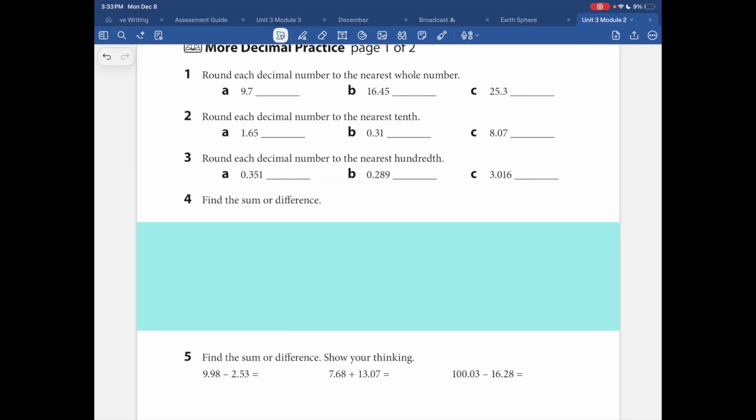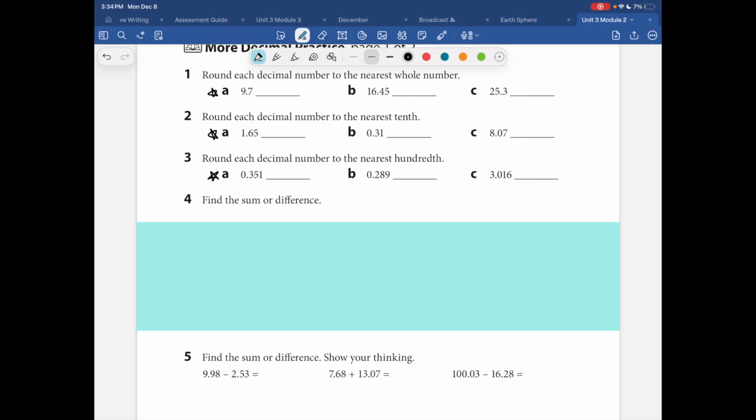I'm going to do all of my number lines on this blue bar, okay? Again, I'm going to do A for each one. If you need to pause the video to get a sheet of paper out, go ahead and do so.